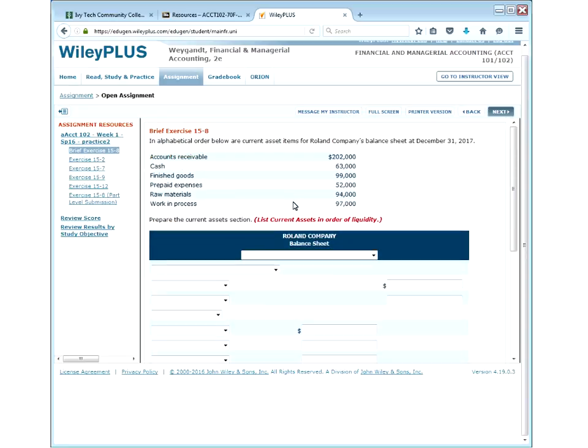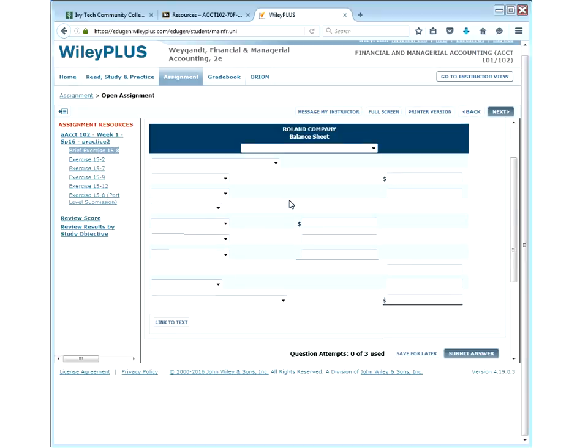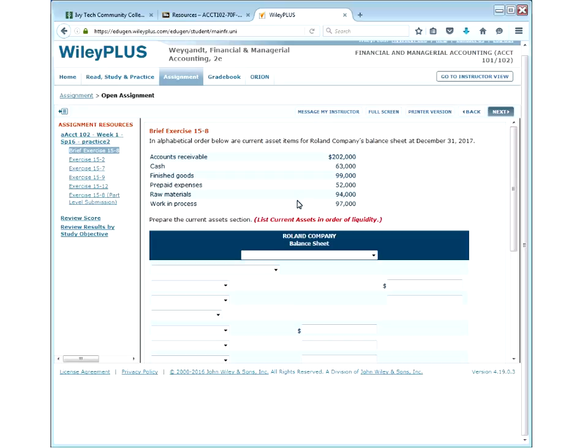And then finally, kind of a review back to Accounting 101, it's putting together a real basic balance sheet, just the asset portion. But the main reason I put this one on here is I wanted us to get in the mental framework that work in progress, raw materials, finished goods, these are all inventory items.